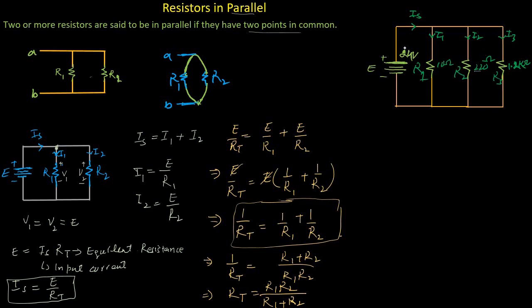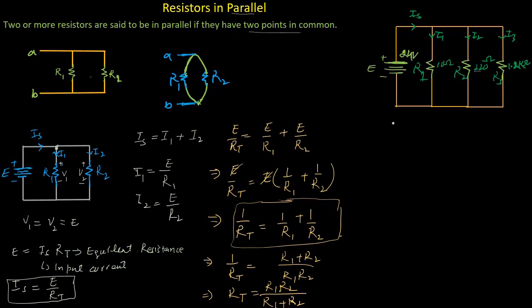And if we are asked to find the total current from this source and the current through R1, R2 and R3, as we described earlier, the voltage is the same at each point in this circuit, but the current is divided. So first of all we need to find the equivalent resistance of this parallel circuit.